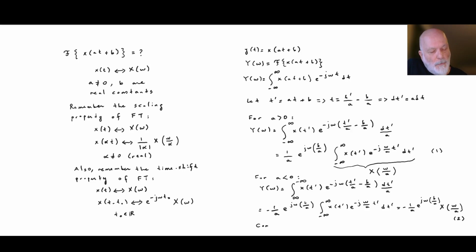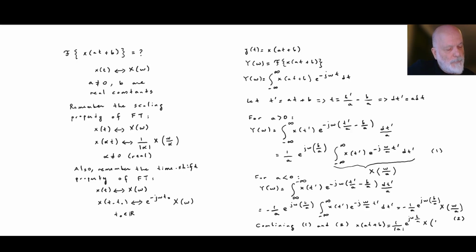So, combining 1 and 2, the Fourier transform of x of at plus b is equal to 1 over absolute value of a, e to j omega b over a, this complex constant, times X of omega over a.